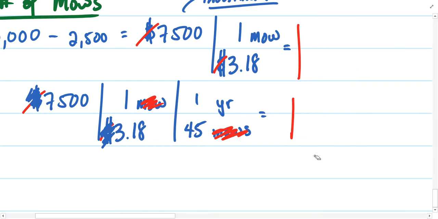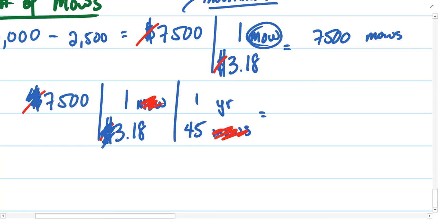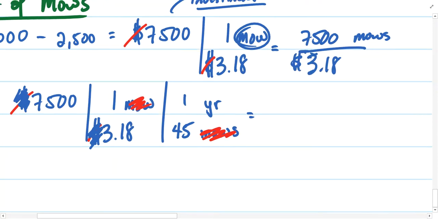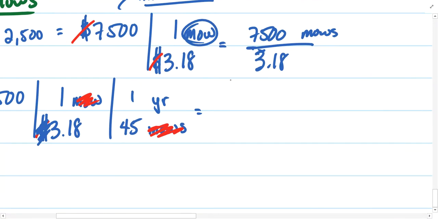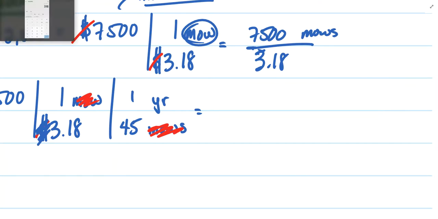In this first chart, we've got 7,500 times 1, 7,500. And mows are the units across the top. Across the bottom, $3.18. I'm sorry, that unit canceled. So 3.18 is the value on the bottom.